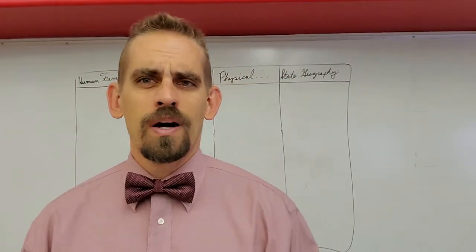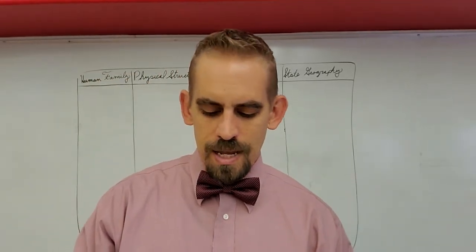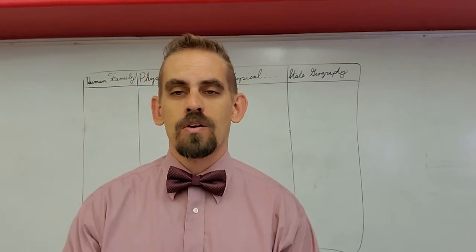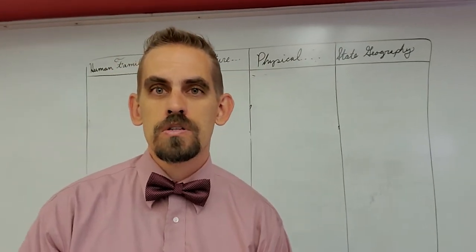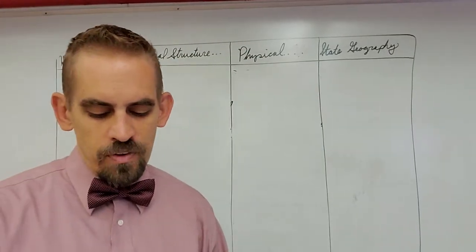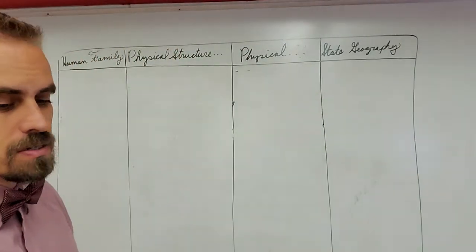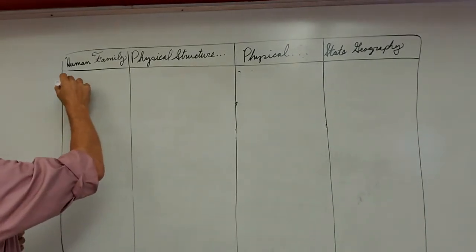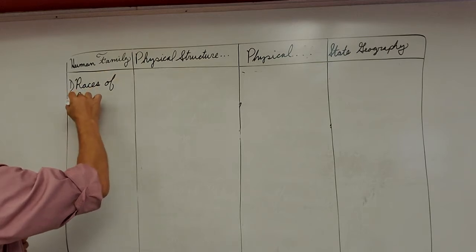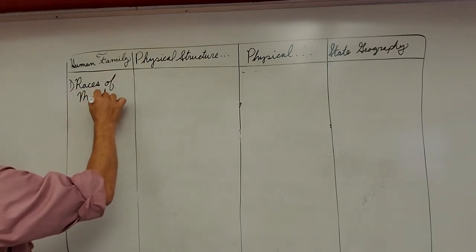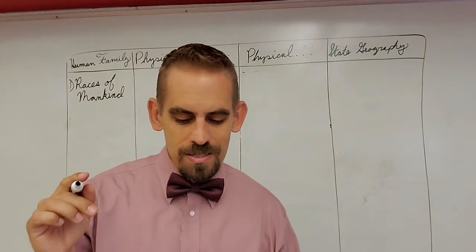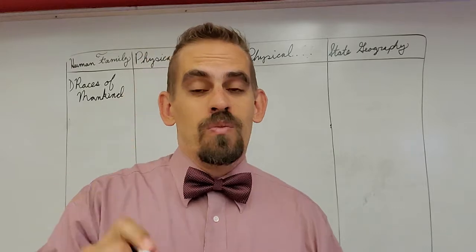So this one won't be quite as long as last one. So it says, what are we looking about the human family, right? What does that look like? We'll bring it in a little bit closer so that y'all can see. I wanna make sure. All right, so the human family. We're gonna look at the different races of mankind, but this is not what you think.